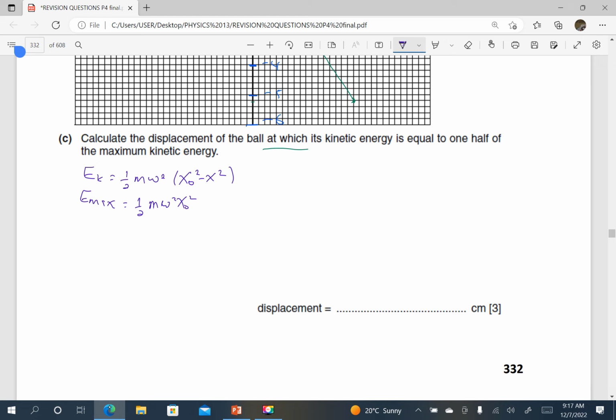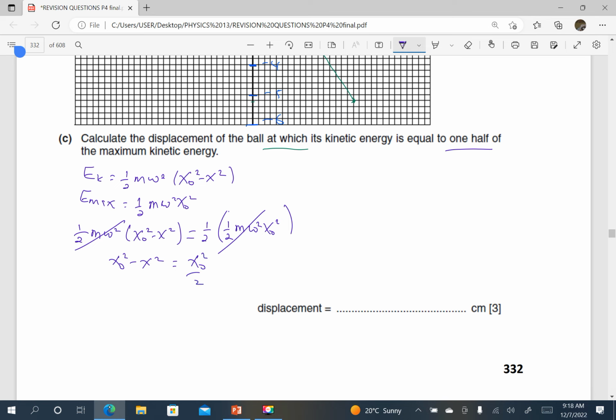So we are equating a half m omega squared into x naught squared minus x squared to 1/2 of the maximum, that is a half of a half m omega squared x naught squared. So we have cancelled out a half m omega squared. We are remaining with x naught squared minus x squared being equal to x naught squared over 2.